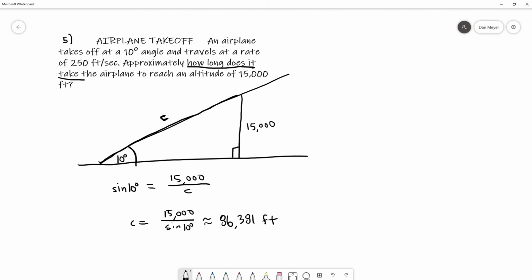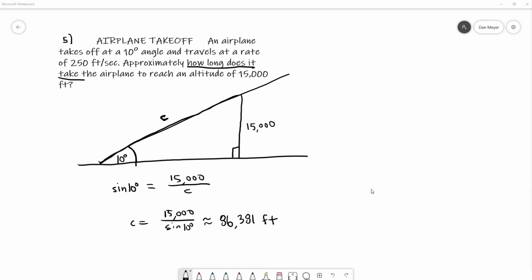Now the problem here didn't ask us how far the plane had traveled through the air. It asked us how long it took, what time. And this is where we have to incorporate the velocity, the speed that they gave us: 250 feet per second. One way to solve that is to treat this like a conversion problem.